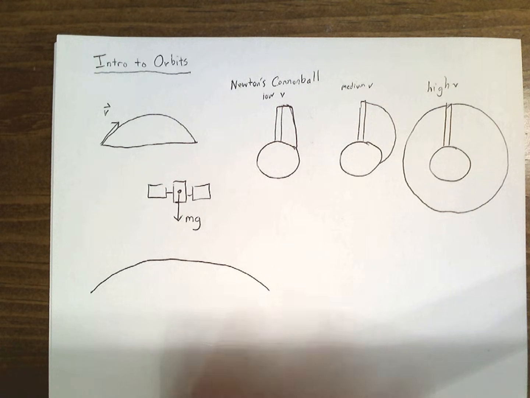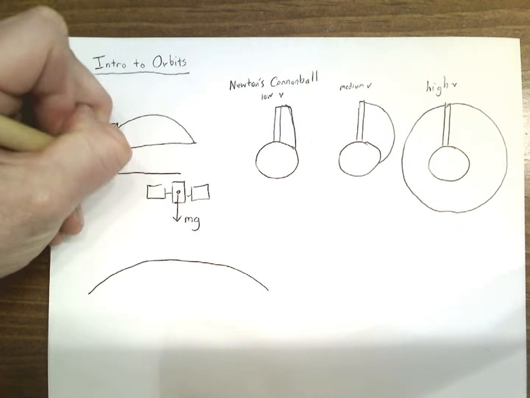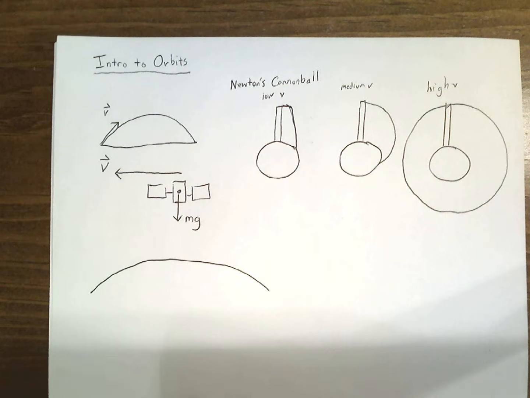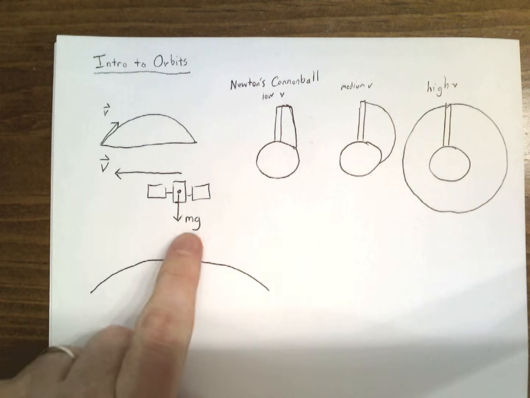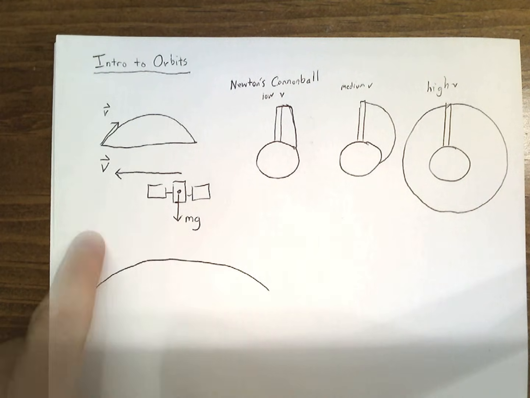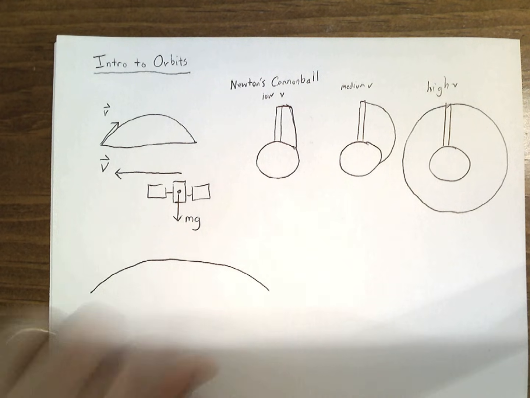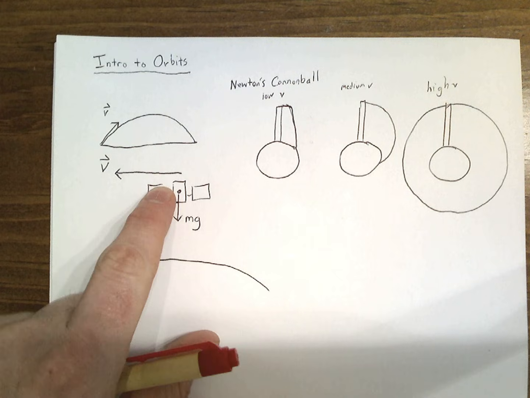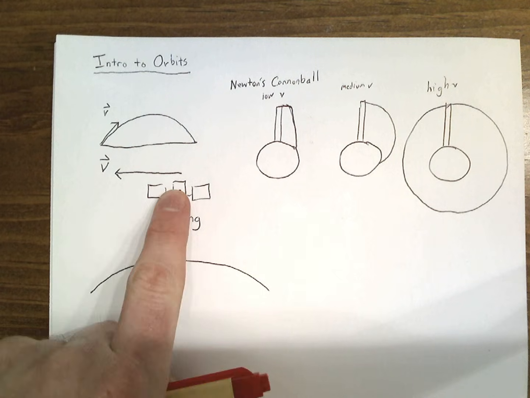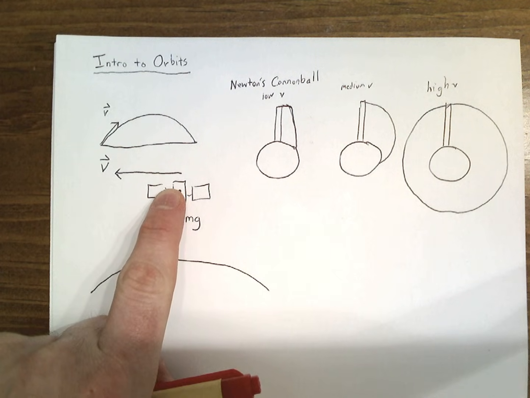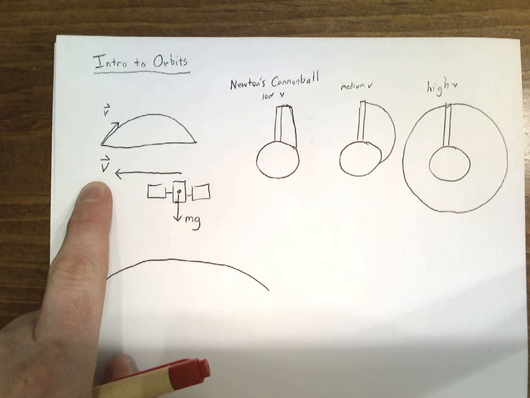However, if we replicate Newton's cannonball up here and we give this thing a pretty fast push horizontally, tangent to the circle of the Earth there, what's going to happen is, yes, the Earth is going to pull the satellite down. But because this thing is moving fast enough, it's going to move over to the left as we've drawn it here.